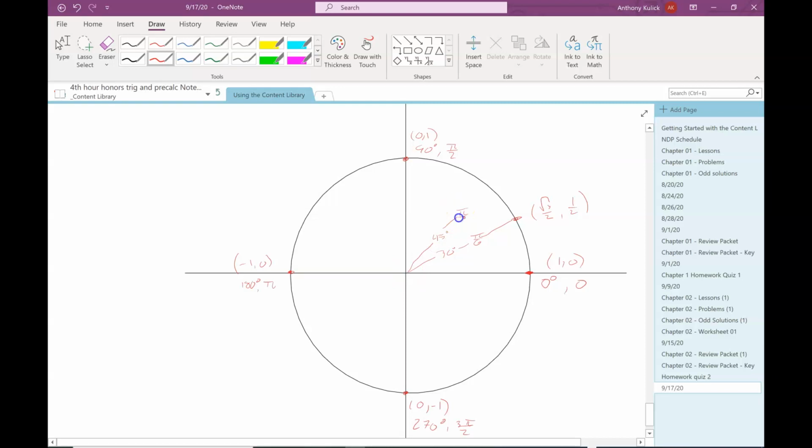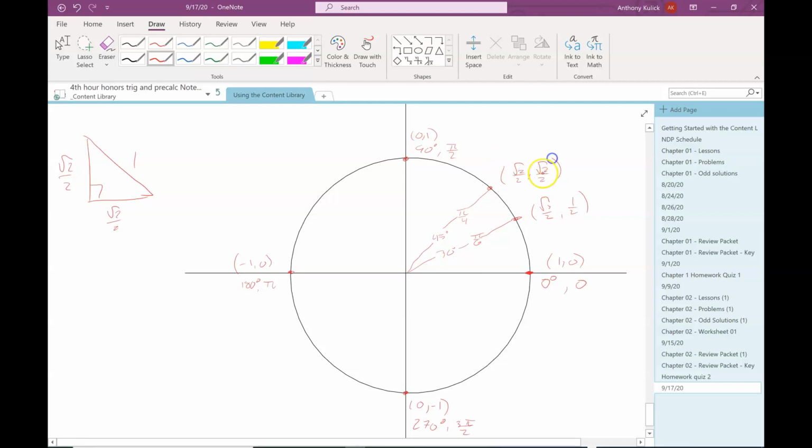The next one we can find is a 45 degree angle. A 45 degree angle where the radius is 1 is going to have side lengths root 2 over 2. If you do the Pythagorean theorem on that, you'll find that that gives you 1. So there's my x and y coordinates there.